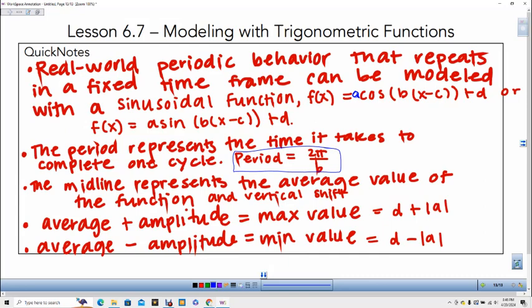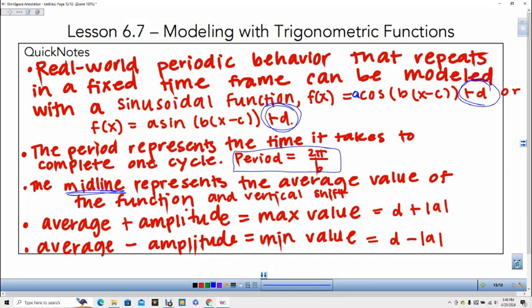So if you have a vertical shift up, the midline is going to tell you how far that vertical shift is. Wherever the midline is directly relates to finding d, if you need to find the equation. It's also the average value of the function.